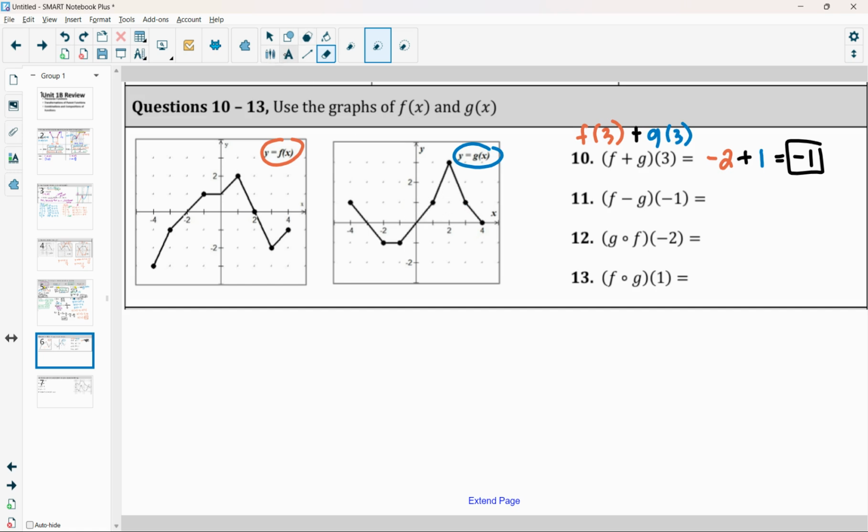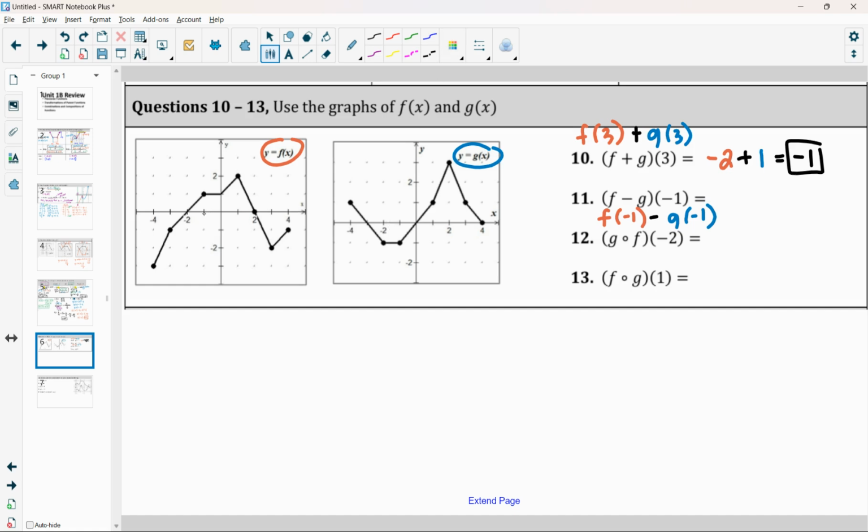Next one, you're doing f of negative 1, because we're just plugging negative 1 into each of these. So we're doing f of negative 1 minus g of negative 1. Look at the f graph.